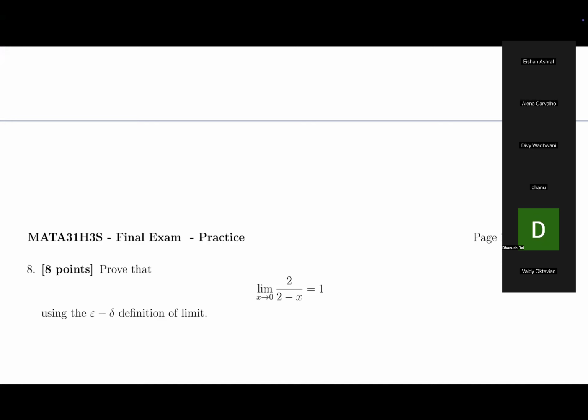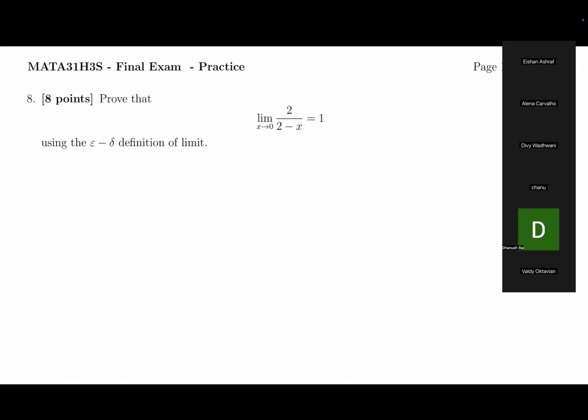Yeah. All right, perfect. Okay, so for this question, we are asked to prove this limit using the delta epsilon definition. First thing that we always do is write what this means.